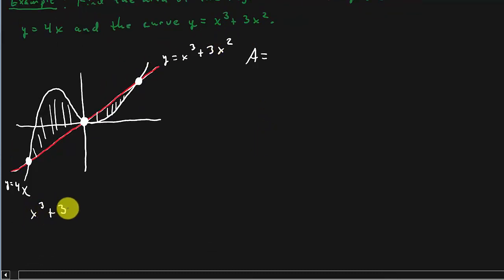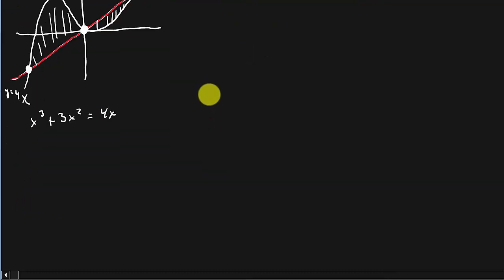x cubed plus 3x squared equals 4x. We set them equal to each other and solve. So x cubed plus 3x squared minus 4x equals 0. Factor out x: x squared plus 3x minus 4 equals 0.